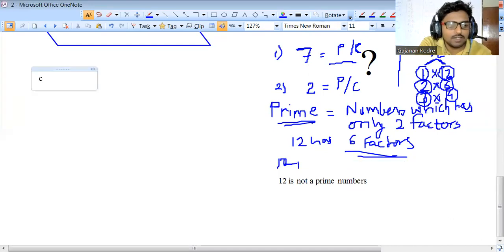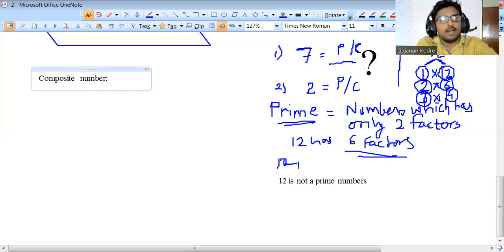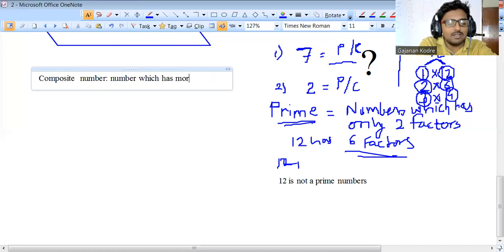Now let's discuss what is composite number then? What is the definition of composite number? So here we can define composite number as a number which has more than two factors.